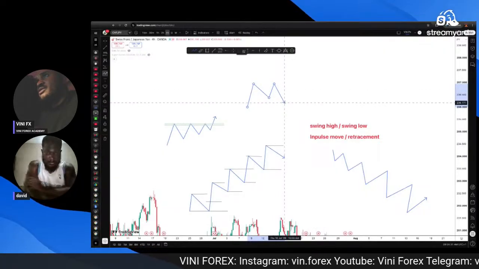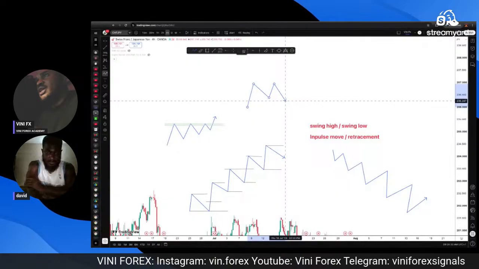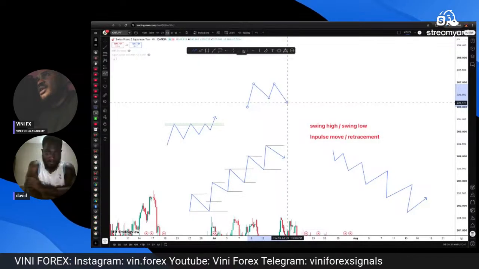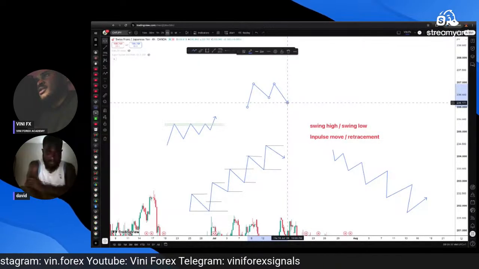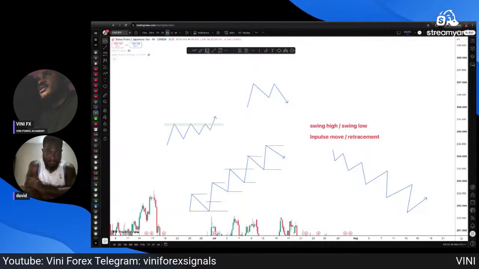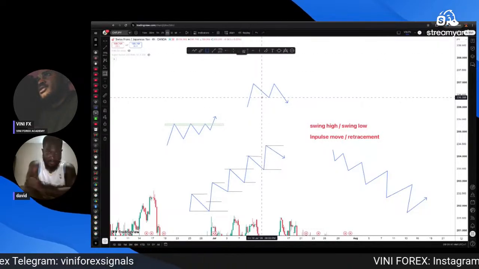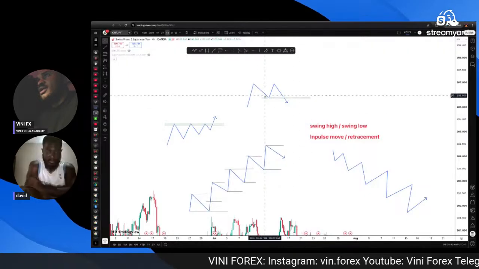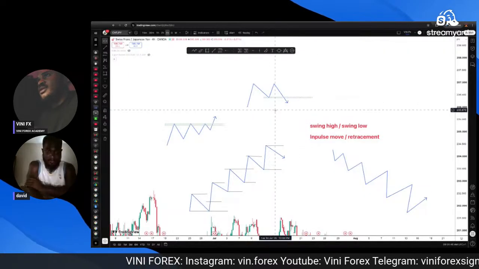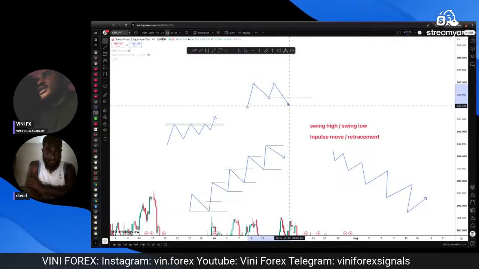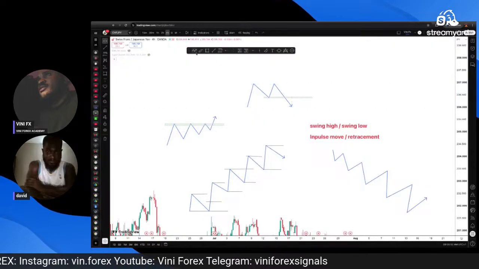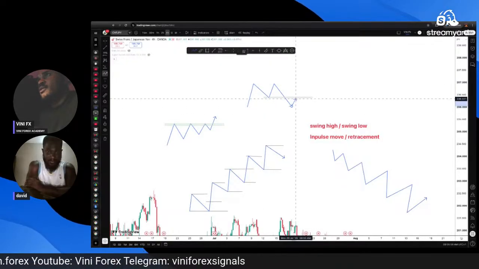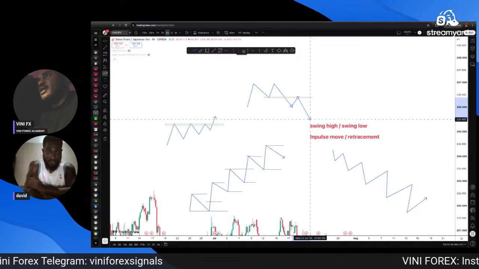Sometimes it can push the market down to give you a new trend. Once it does this, you can see that this market has changed trend, because this is the level of the higher low. Meanwhile, the market can decide to come back up here, testing this level to keep on tanking down.